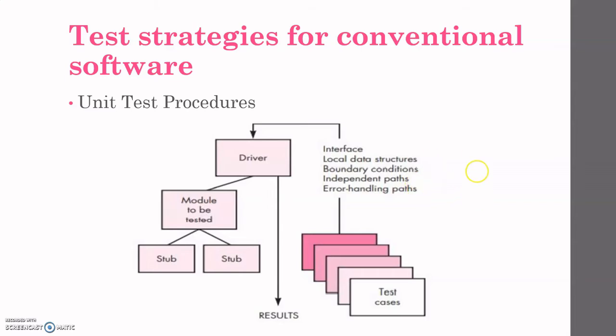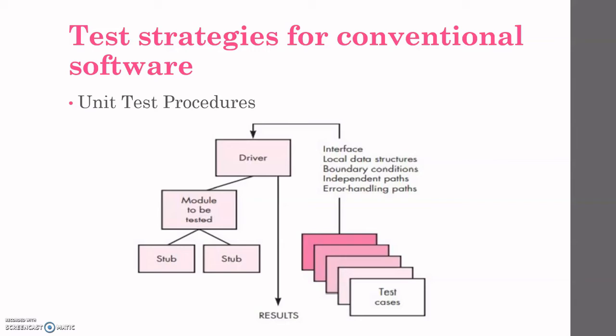A driver is nothing but a main program that accepts test case data, passes such data to the component and prints results. Whereas the stubs serve to replace modules that are invoked by the component to be tested. A stub is sometimes called a dummy subprogram which uses the module's interface and does minimal data manipulation, prints verification of entry, and returns control to the module undergoing testing.